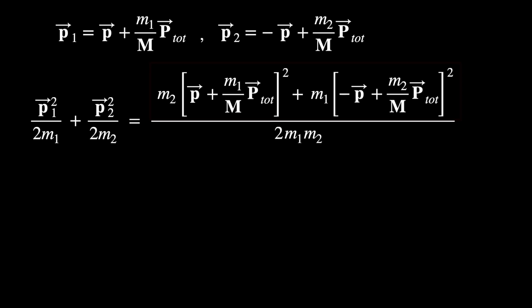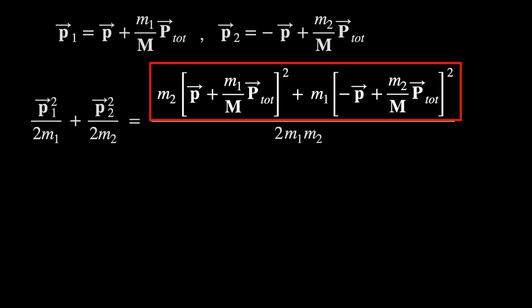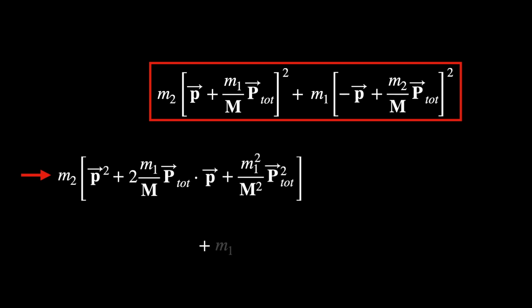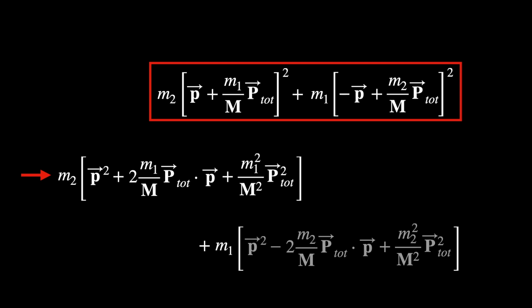Now we focus on this numerator. Both the squares can be expanded out. And we notice a cancellation.